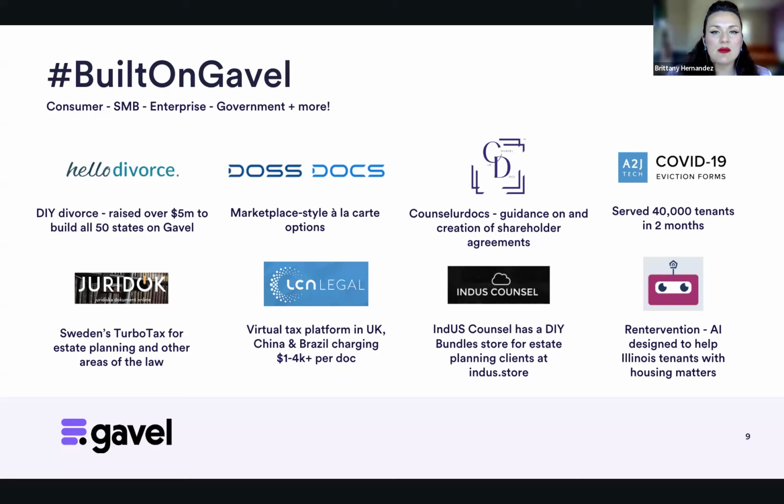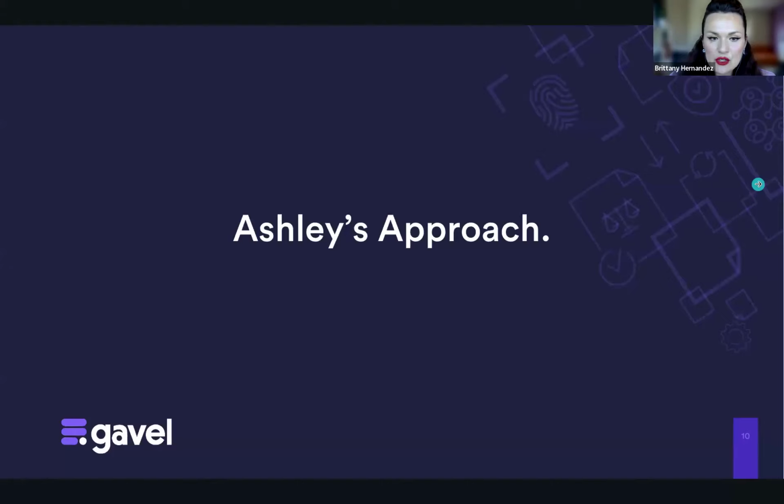DocDocs is more marketplace style, where they have single documents for mortgage lenders, ranging from $199 to $399 per document. Counsel Your Docs does shareholder agreements in Canada. So you can see a range of examples of how this looks in different sectors.